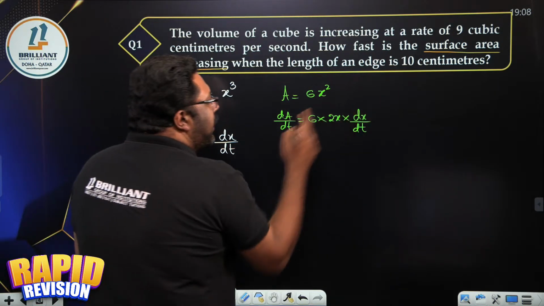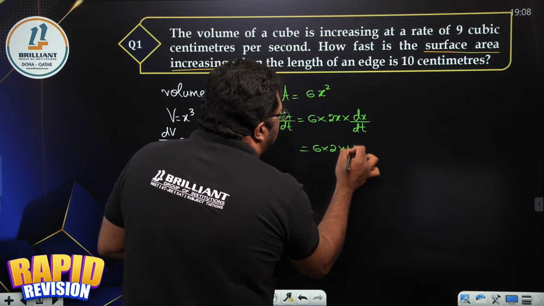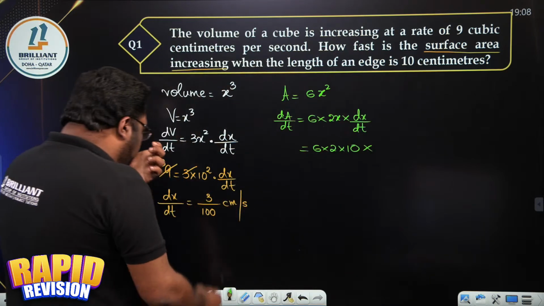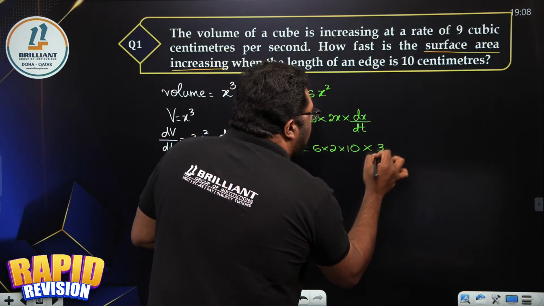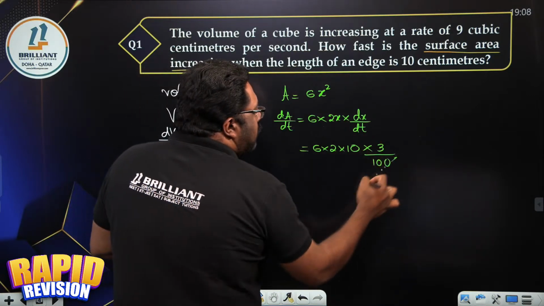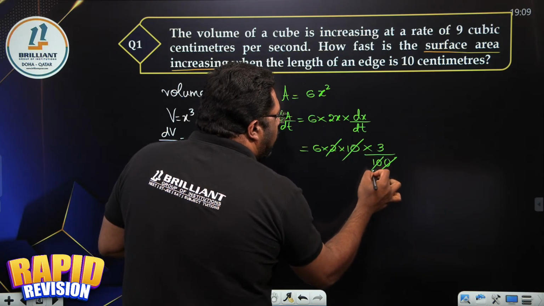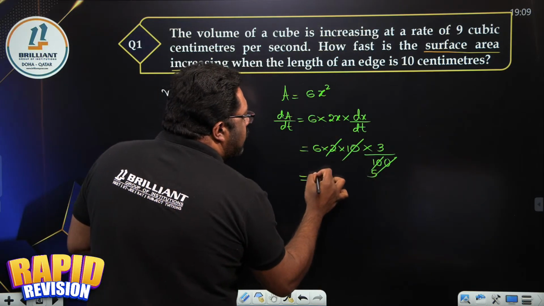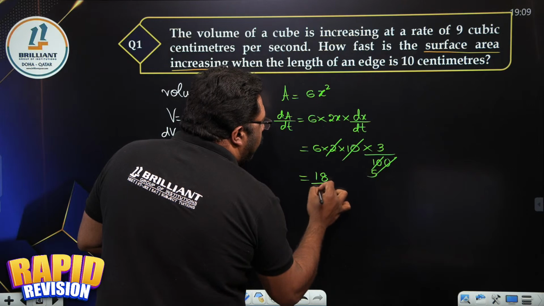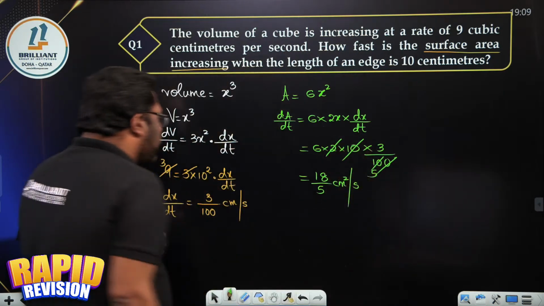That's why this multiplication happens. So that is 6 into 2 into 10 into dx by dt, which is 3 by 100. Simplify it. It's 18 by 5 centimeter squared per second.